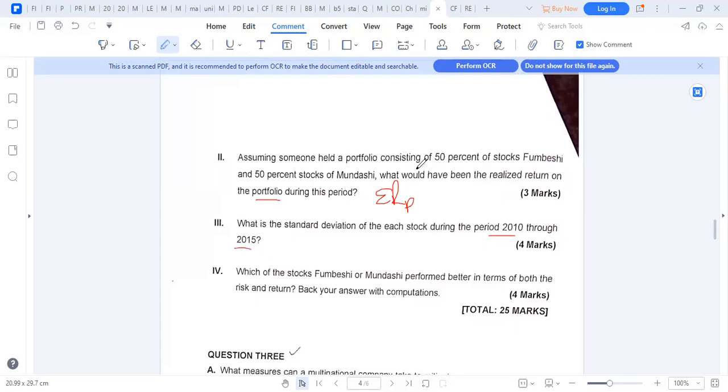So first find the variance and standard deviation. Then which of the stocks performed better, both in terms of the return and the risk? Back your answers with computations. 25 marks. So this is where most students should survive. This is a question you should not hesitate to pick up or answer.